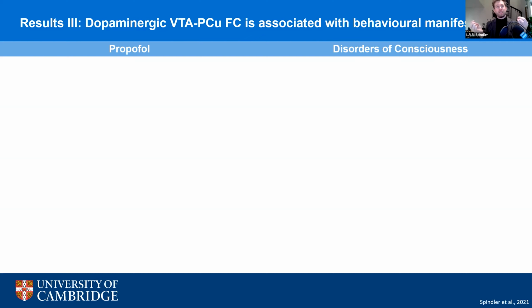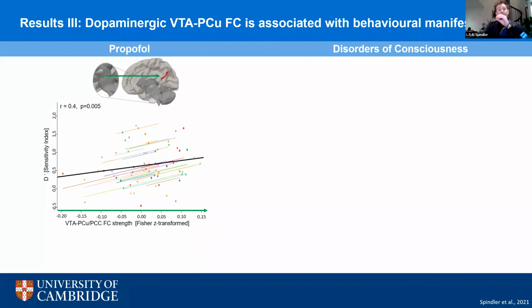That gave us the chance to use a sensitivity measure known as D prime to approximate how consciously people were able to recall given stimuli. Very intriguingly, the higher the connectivity of the VTA to that posterior DMN node remained, the better people were at recalling these stimuli. So potentially there's a rate limiting function in just how conscious a given person was during a given scan.